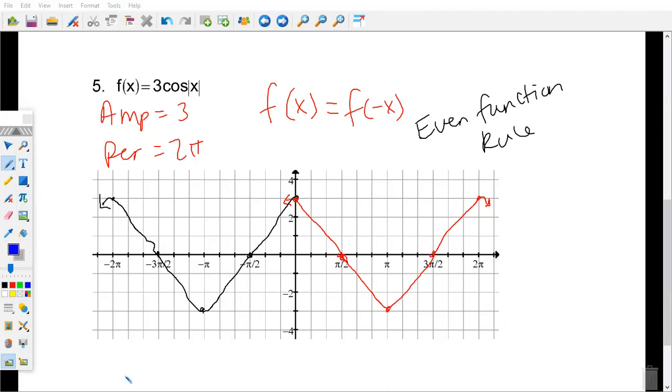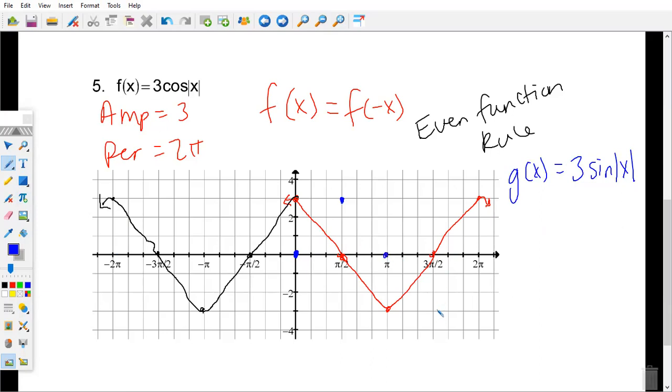All right. So now we're going to do g of x. So g of x is going to equal 3 sine absolute value of x. So the amp is still going to be the same. We're going to be at 0. Our max is at 3.